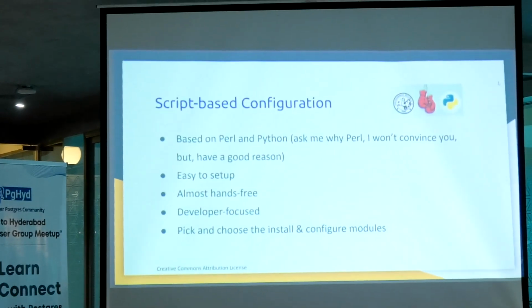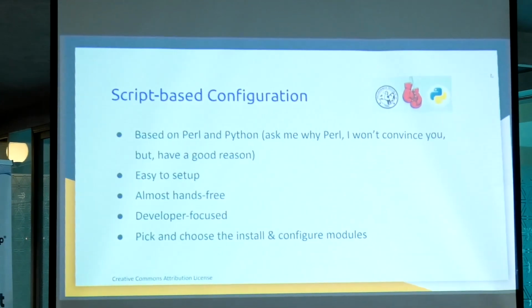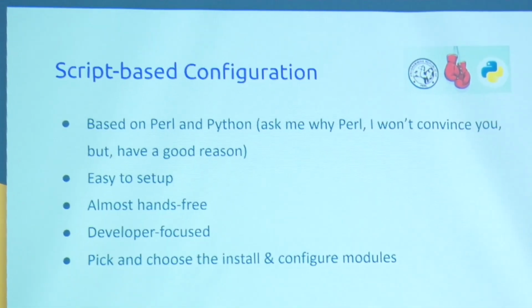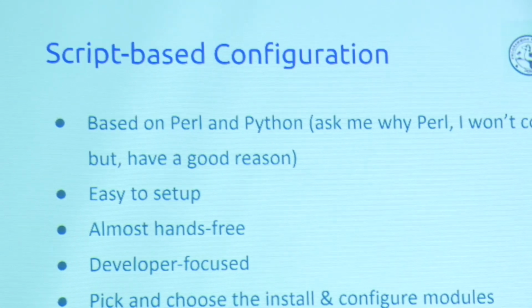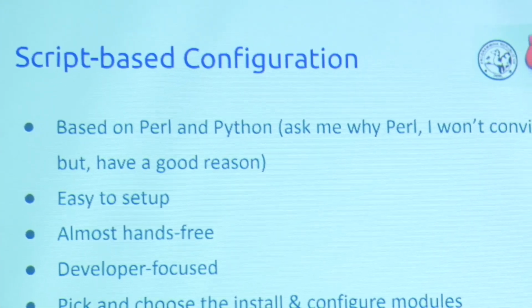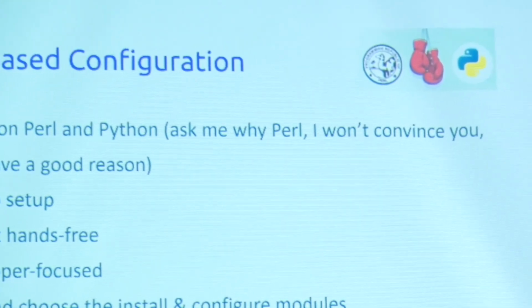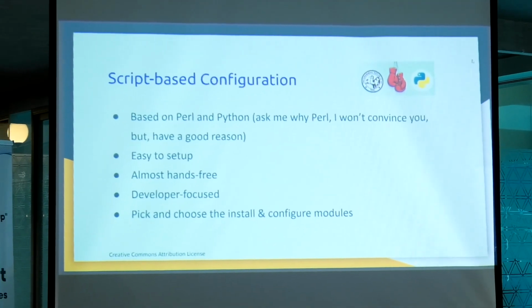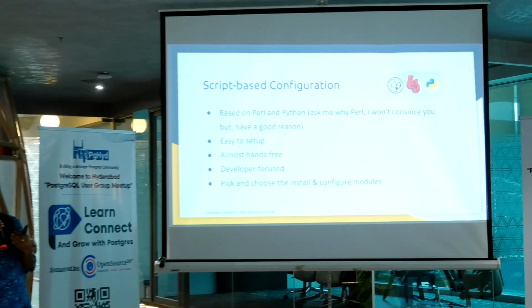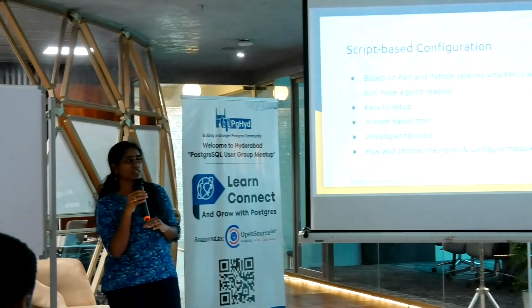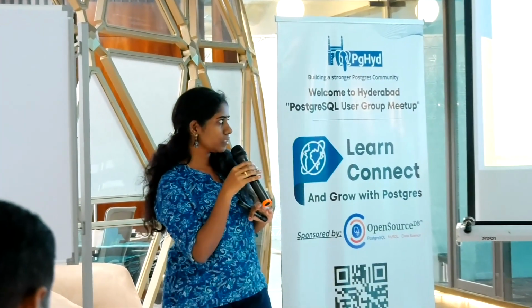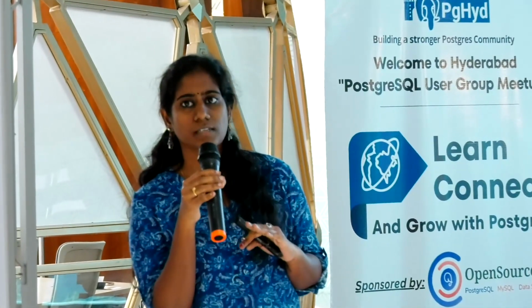We write scripts in Perl as well as in Python. It is a user choice: you can choose whatever language you need, and you can also integrate both Perl and Python. When you run the scripts in Perl followed by Python, or Python followed by Perl, there will be no conflict, and you can run the scripts seamlessly.